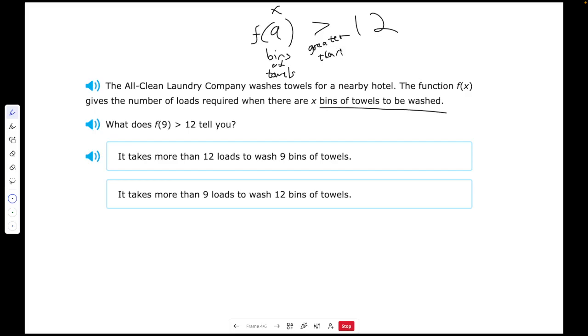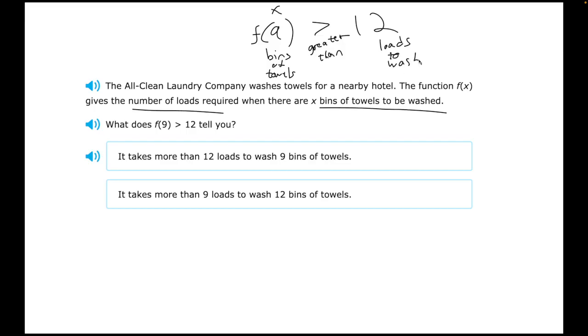And the 12 is the output here. And so we're talking about washing loads, right? Number of loads required. So this is loads to wash. So this says that if there are more than 9 bins of towels, then you will have to wash more than 12 loads, right?